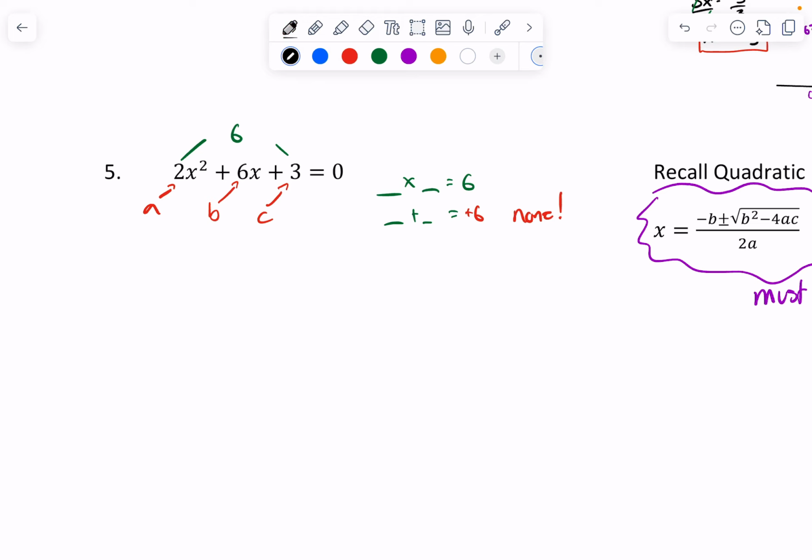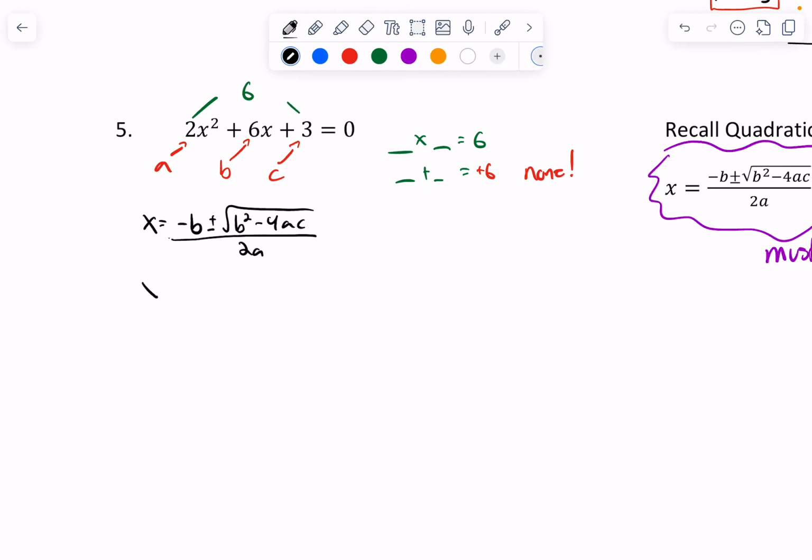So take the formula, x equals negative b plus or minus the square root of b squared minus 4ac, all divided by 2a. Note that the negative b is also being divided by that 2a, so don't forget that. Then plug it in.